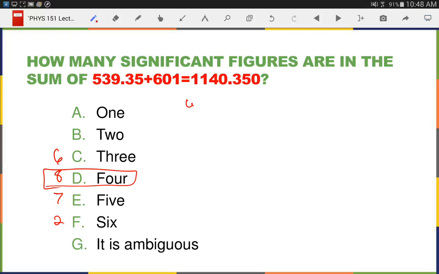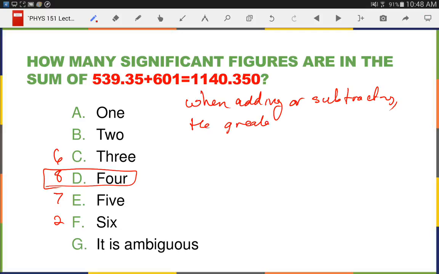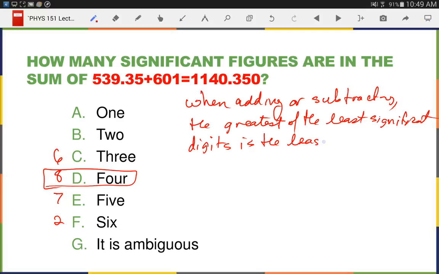And so for this, I would write, when adding or subtracting, the greatest of the least significant digits is the least significant digit in the answer.